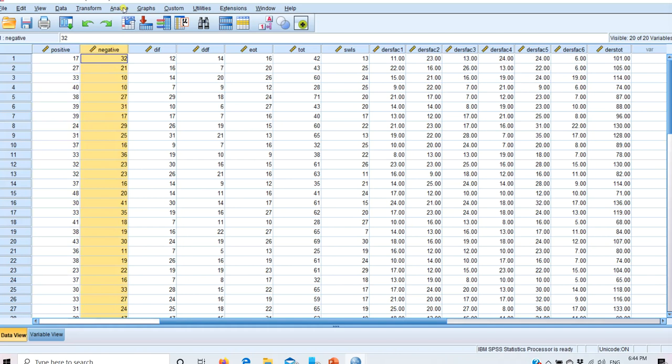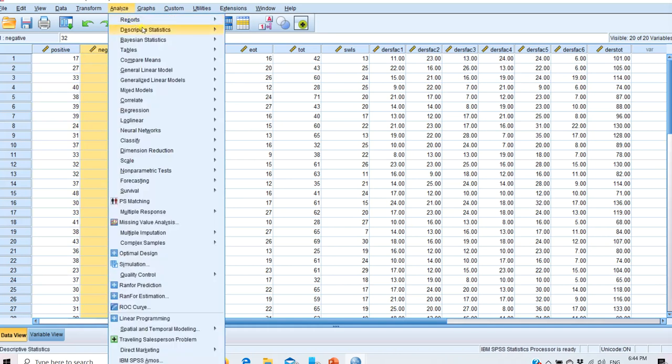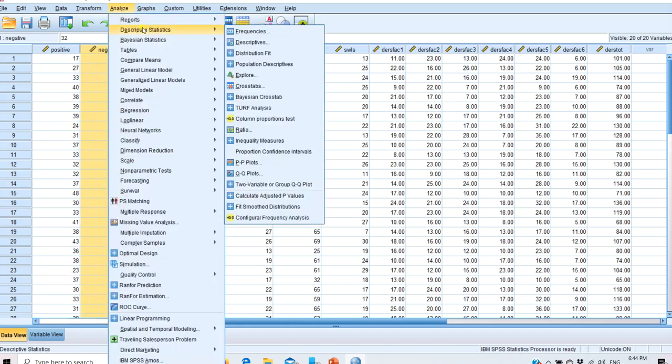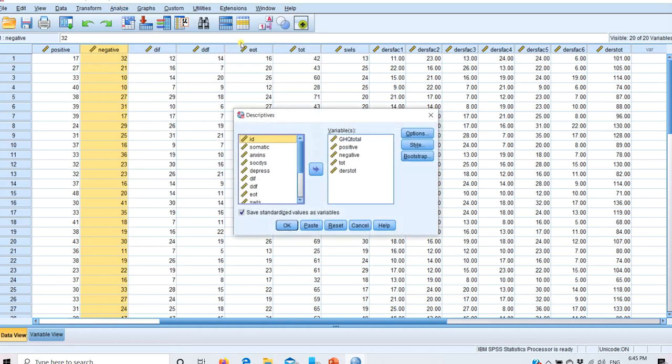So for doing that, in SPSS, we should go to descriptive statistics. From descriptive statistics, select Descriptives, and then I am resetting it, and then select the variables of interest.